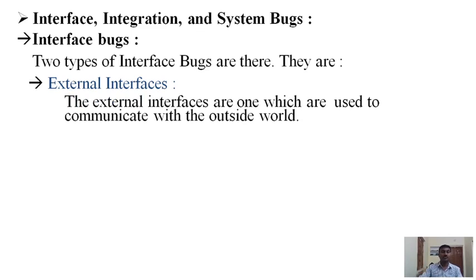Two types of interface bugs are there: the first one is external interface and the second one is internal interface. First, external interface bugs. What is meant by external interface? External interfaces are those used to communicate with the outside world. For example, if you are developing a project, any communication inside the project is possible only through internal interfaces.